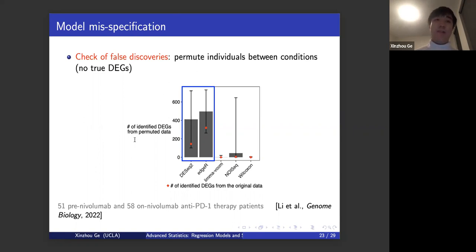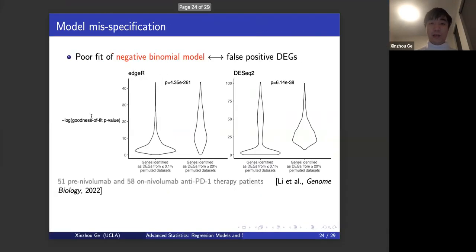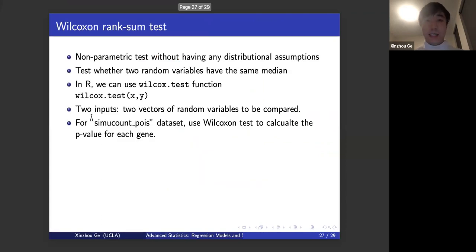So it will not have the problem of false discoveries. And second, when we have a large sample size, the Wilcoxon test will also have good power. So it may also have good performance in that case.